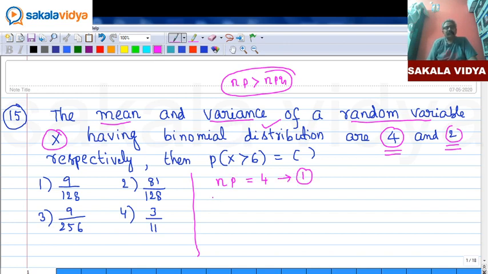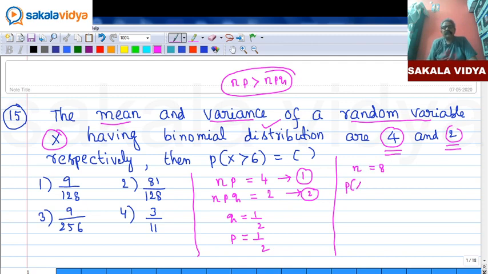We need to find the parameters. NPQ, the variance, is 2. 2 divided by 1, you get q equal to 1 by 2. Obviously p becomes 1 by 2. Now from equation 1, n by 2 is equal to 4, so n is equal to 8.